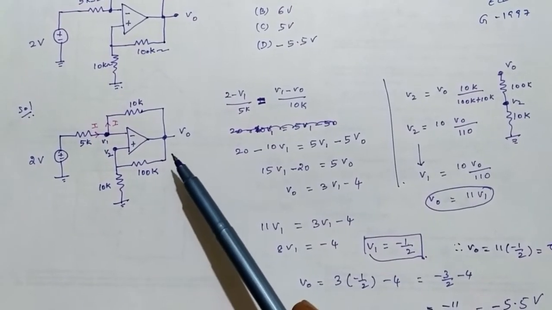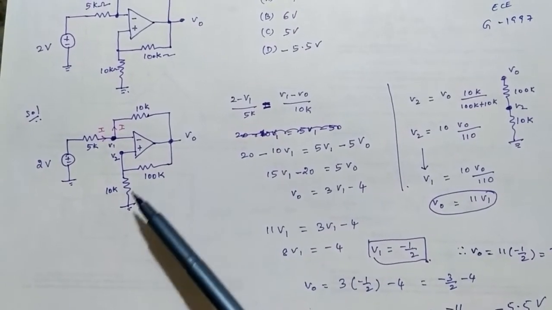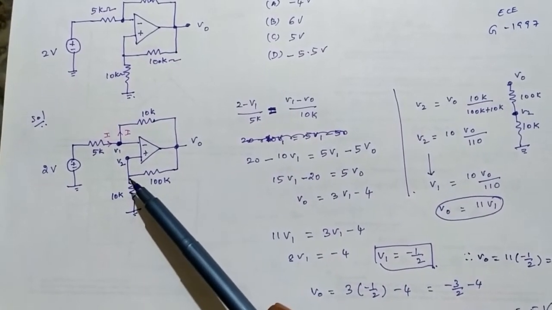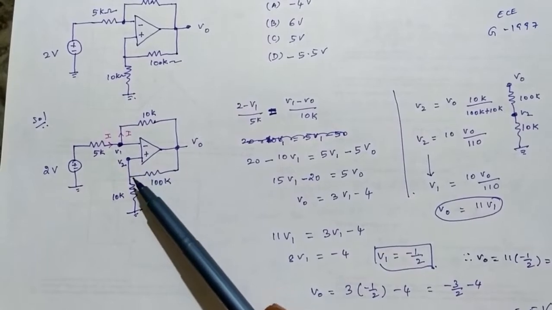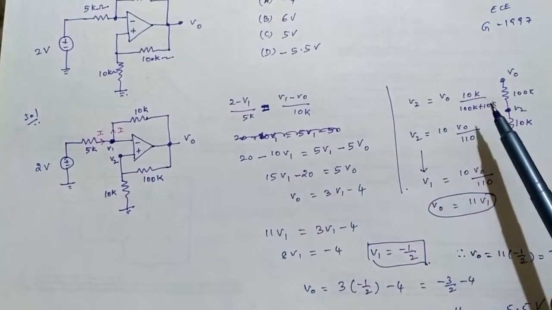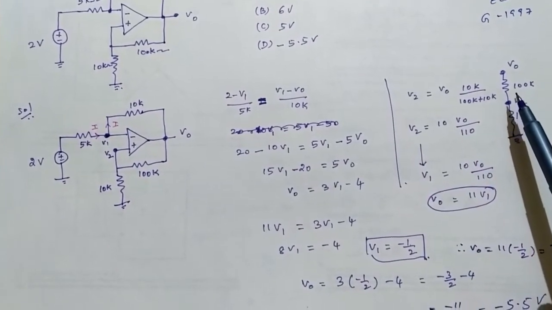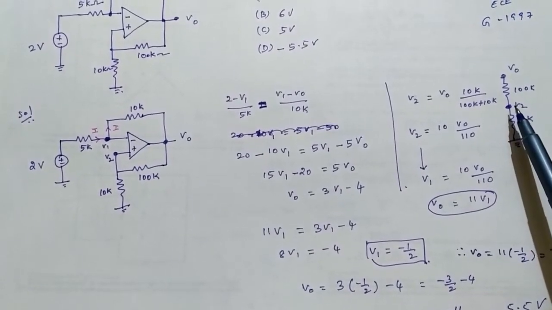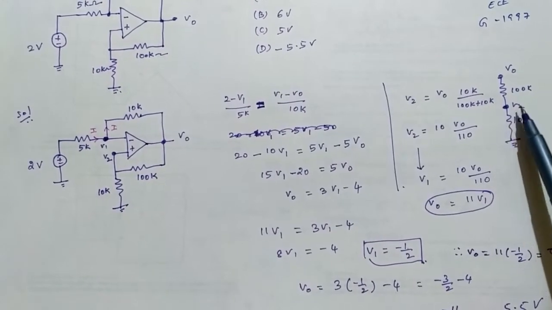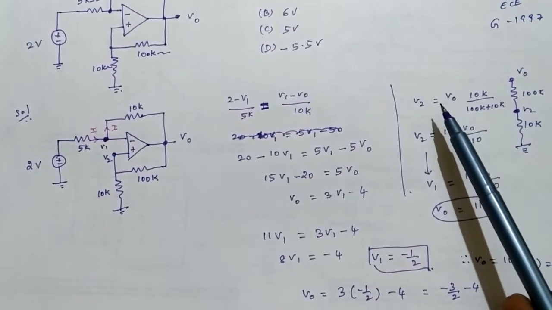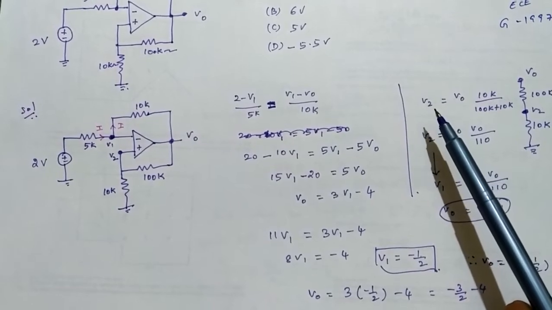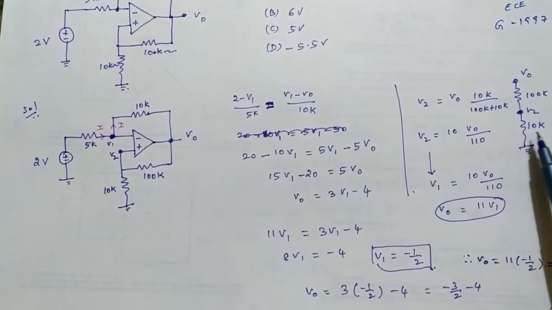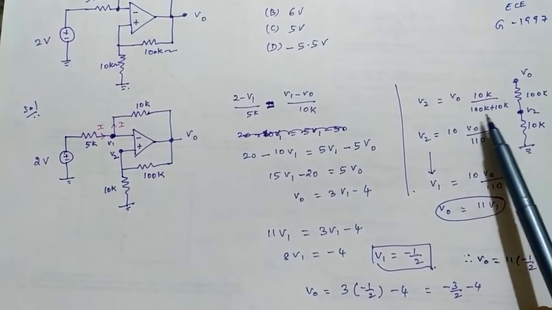Again the output circuit: we have 2 resistors, one of 100k and another of 10k. In between these 2 resistors we have the potential V2. Applying the voltage divider rule in this arrangement, V2 is equal to V0 into the voltage across 10k divided by the total resistance.